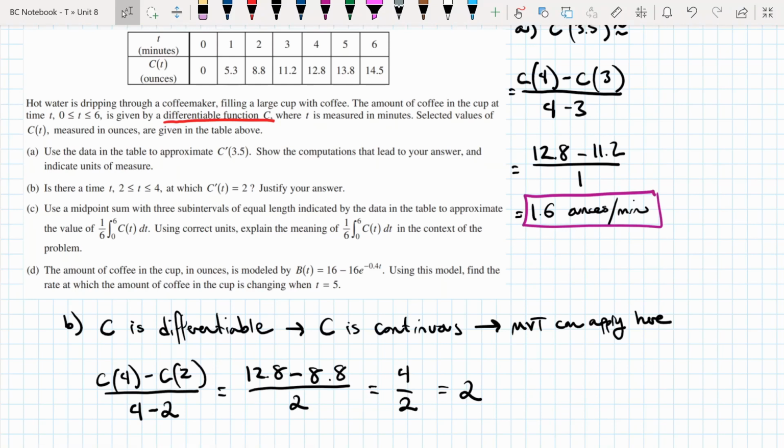So, because the value of the average rate of change is 2, that tells us that the derivative must equal 2 at least once between 2 and 4 according to the mean value theorem.